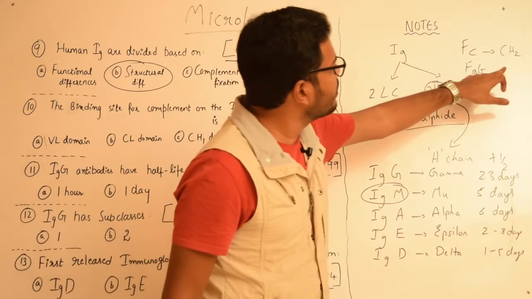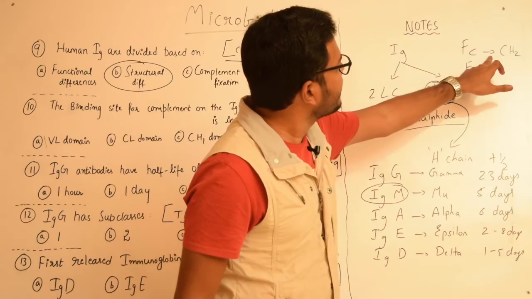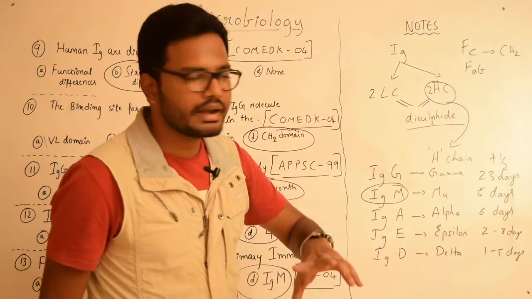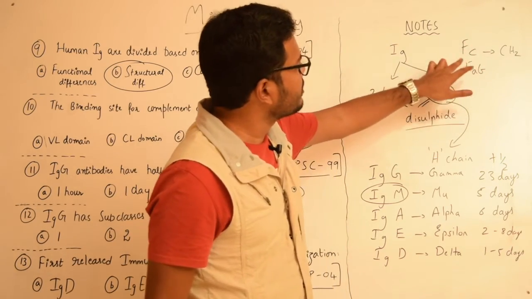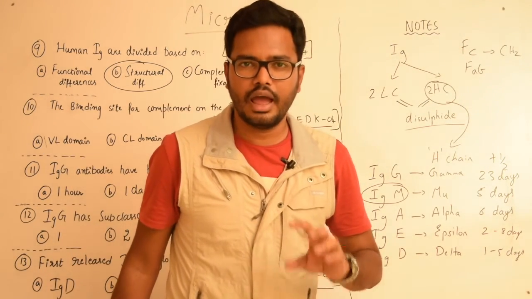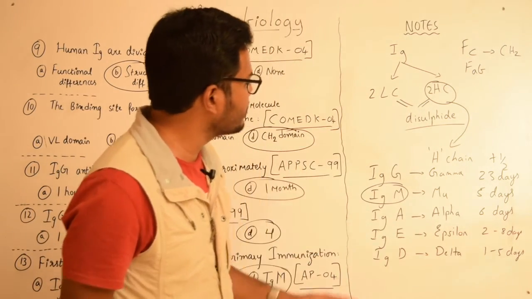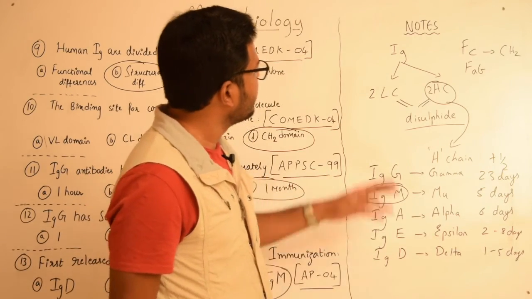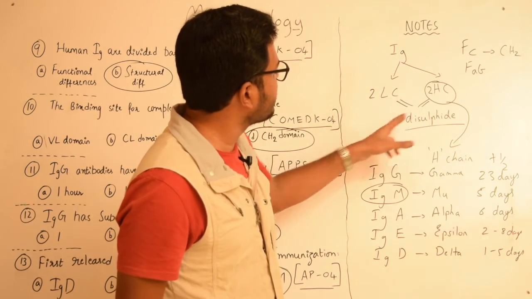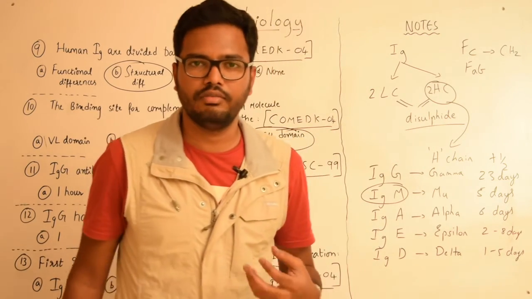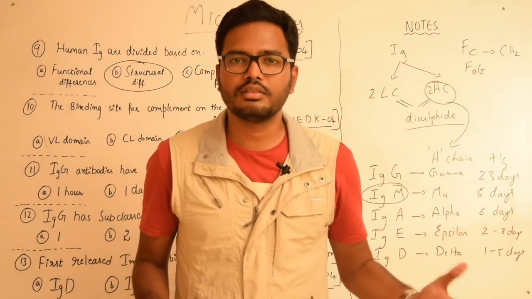FAB is the soluble portion, where AB stands for antigen binding site, whereas the FC is the complement fixation site, or complement binding site, and complement binds to the CH2 domain which is present on the FC portion of any given antibody, right? Then the half-lives of various antibodies are as you can see here, and every antibody has 2 light chains and 2 heavy chains which are bound together with the help of disulfide bonds, right? So these are a few important multiple choice questions and the relevant points.